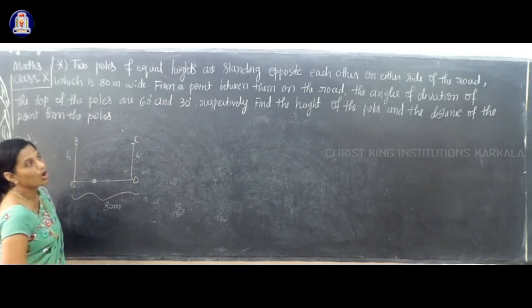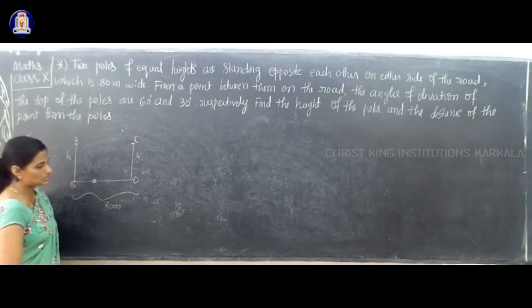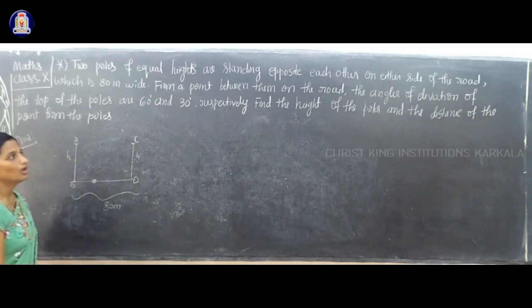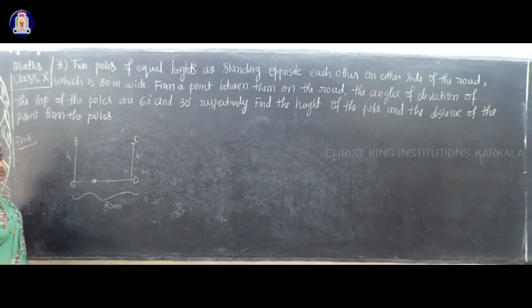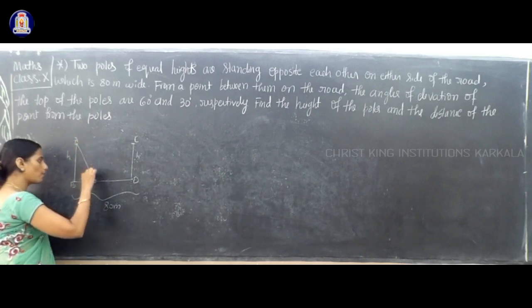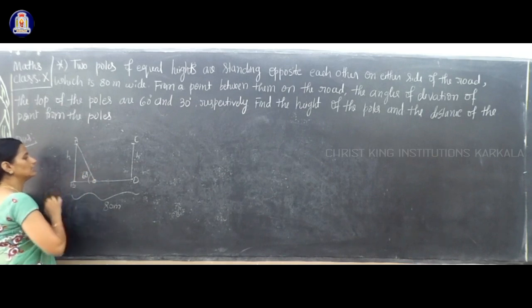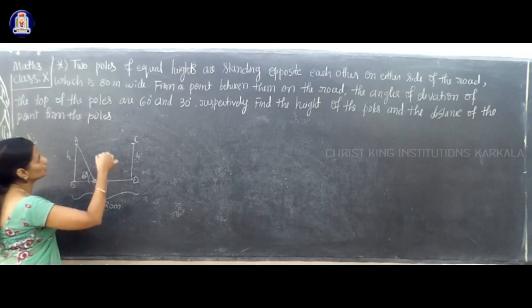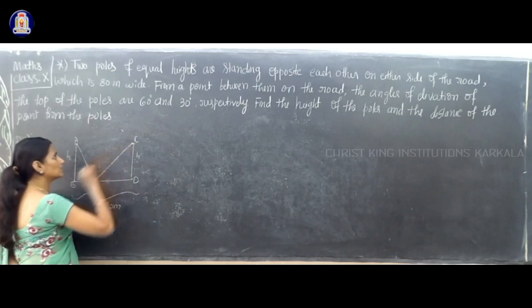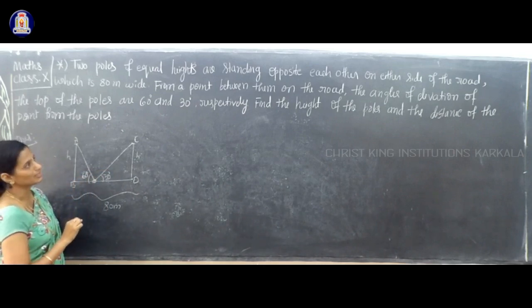A point in between them on the road, that means in between the two poles on the road. The angle of elevation to the top of the first pole is 60 degrees, and the angle of elevation to the top of the second pole is 30 degrees.